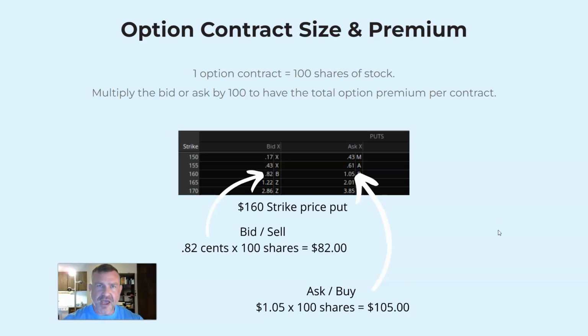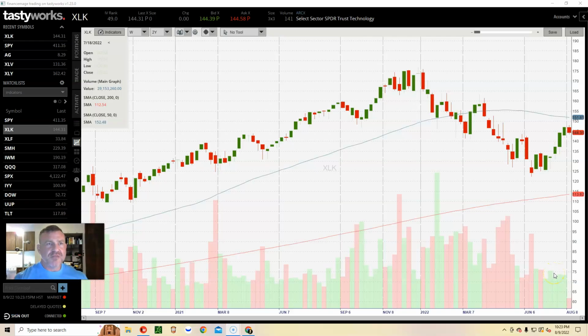Let's look at my Tastyworks account and look at an actual option chain on a technology ETF, XLK. So we're now in my Tastyworks brokerage account, and we are looking at the ticker symbol XLK, which is an ETF of technology stocks.